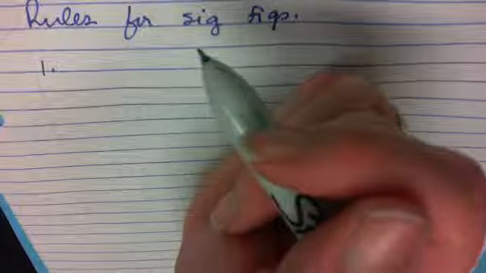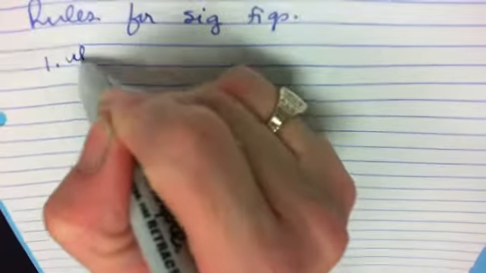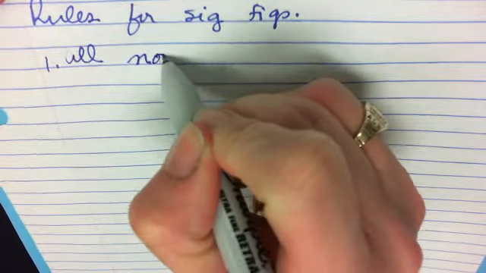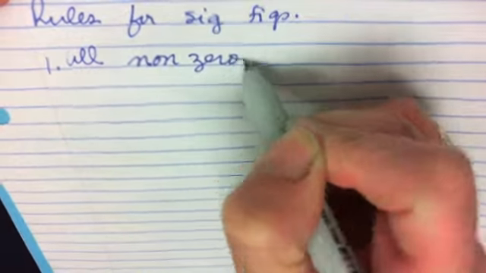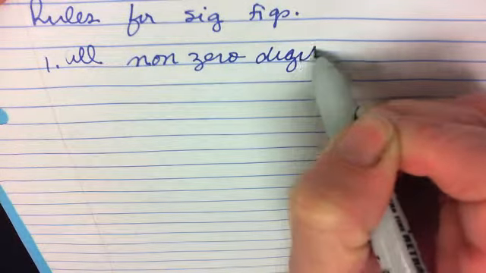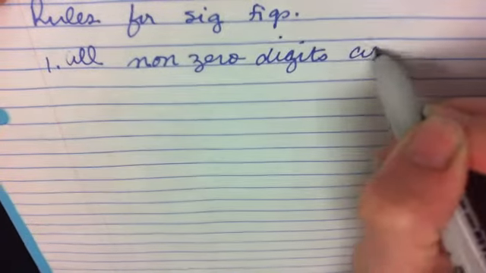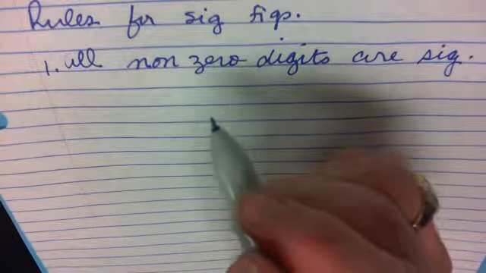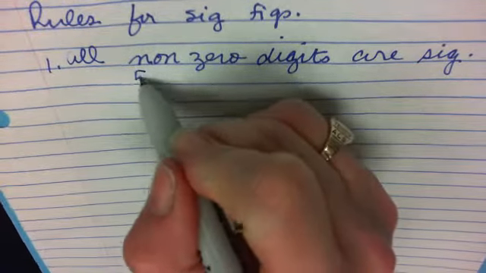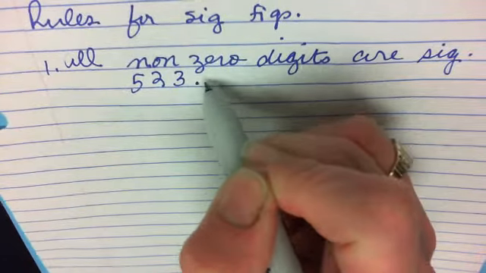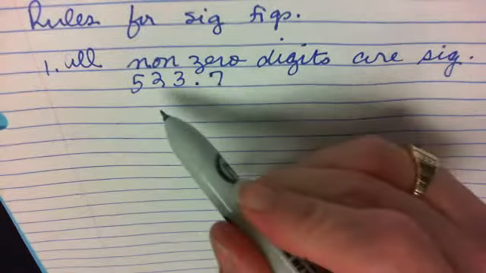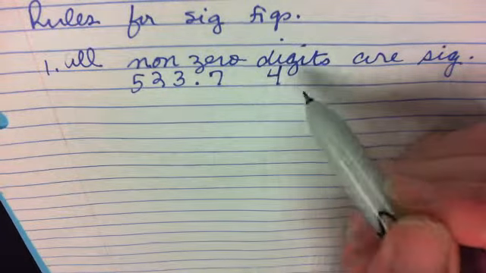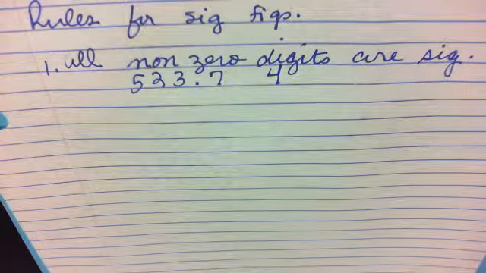Rules for significant figures. All non-zero digits are significant. So for example, if we have a number like 532.7, every one of these is significant, so we'd say we have 4 significant digits.